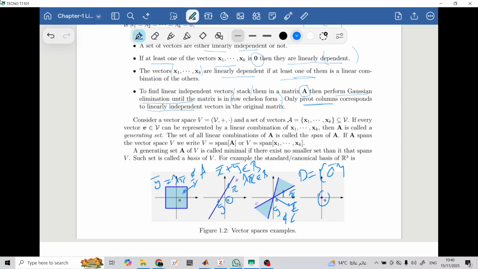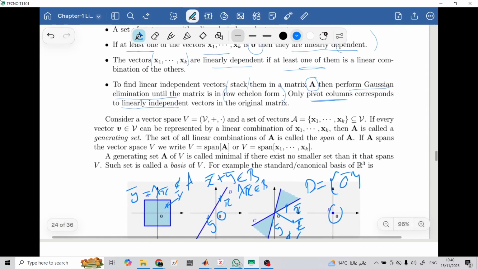So in general, when we say vector space, we mean a set V of vectors on which we have two operations defined: vector addition and scalar multiplication.